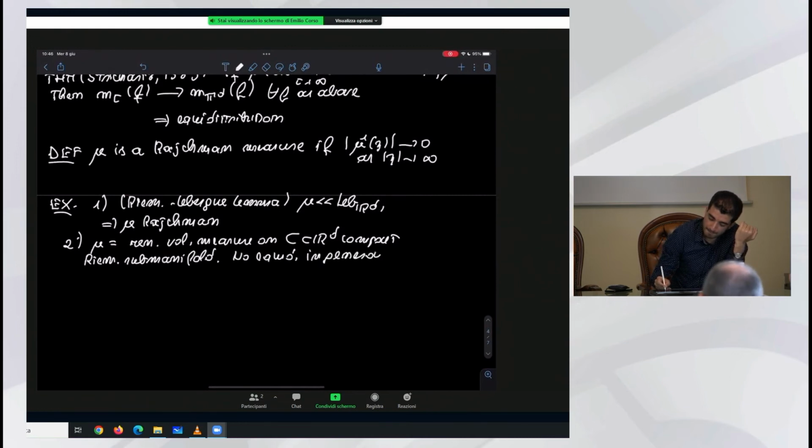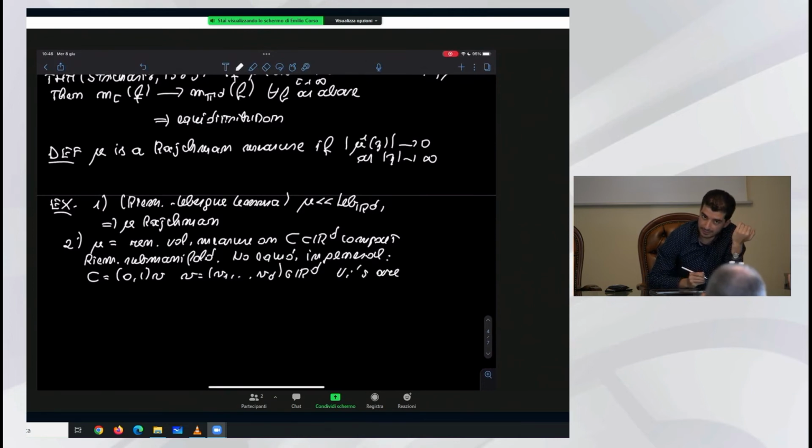Well, for instance, take C to be the open unit segment in a direction v, where v is a vector v1 up to vd in R^d, where the vi's are rationally dependent, so are dependent over Q. Then the problem of the asymptotic distribution properties of dilating sets in this case amounts simply to analyzing the orbit of the origin under the translation flow on the torus in the direction of v.